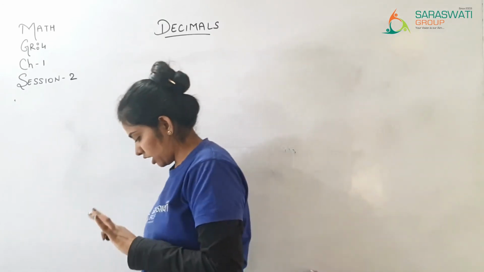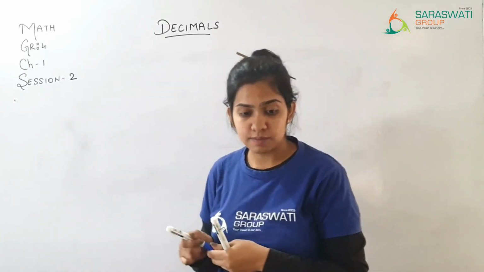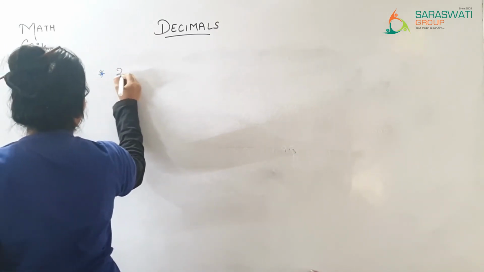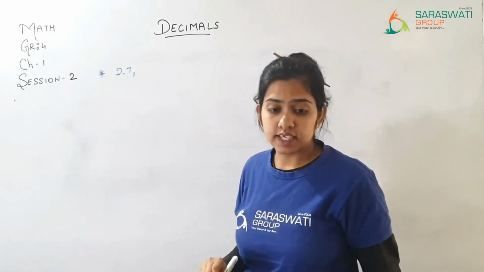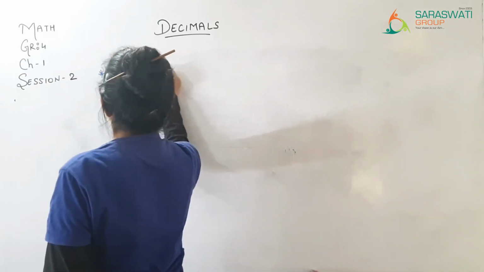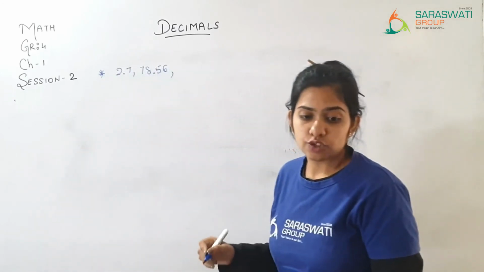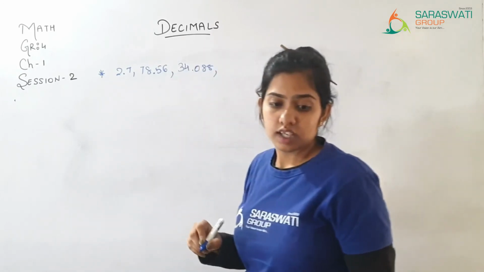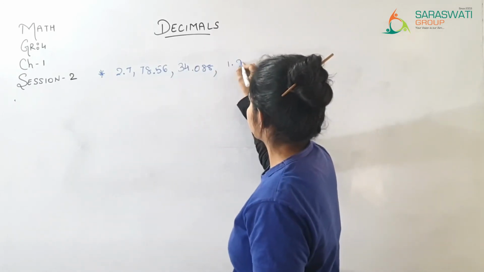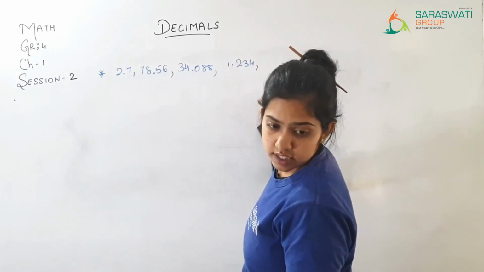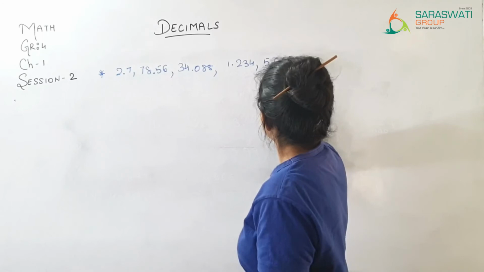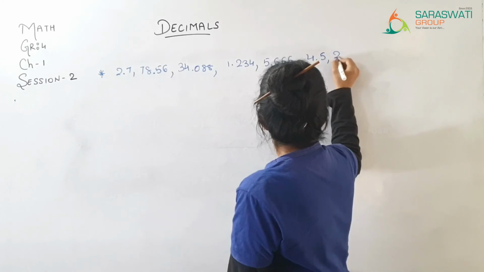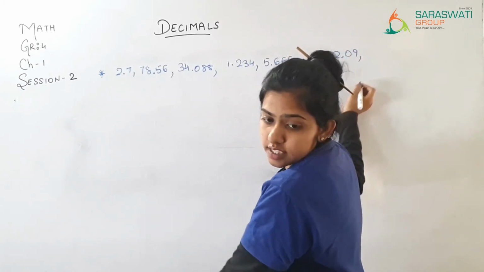The numbers are 2.7, then 78.56, 34.088, 1.234, then 5.666, then 4.5, 2.09, and the last one is 8.98.